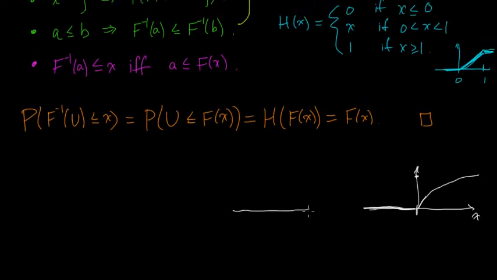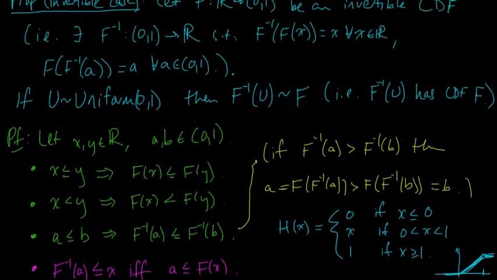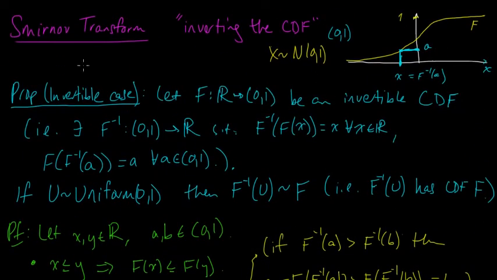A more severe example would be a discrete random variable, like a Bernoulli random variable, which jumps at 0 and then has another jump at 1. So next we're going to take a look at a more general version of this Smirnov transform to handle these more general interesting cases when f is not an invertible function.